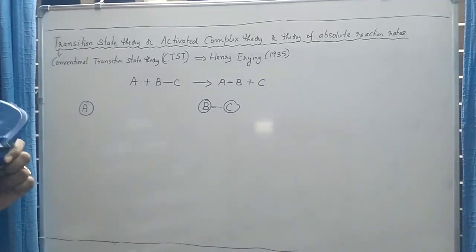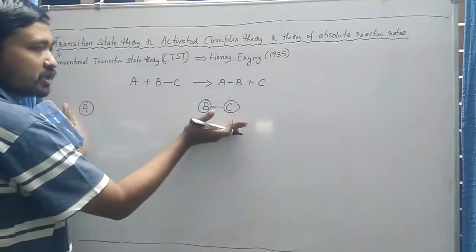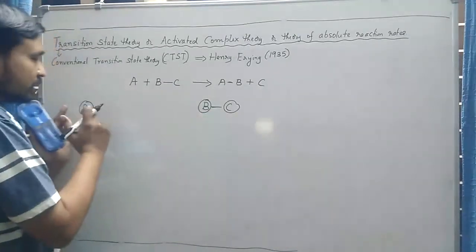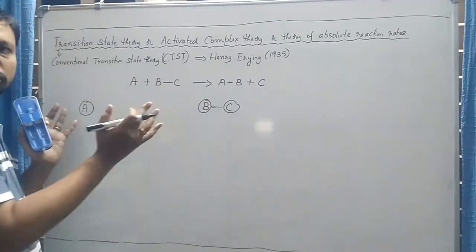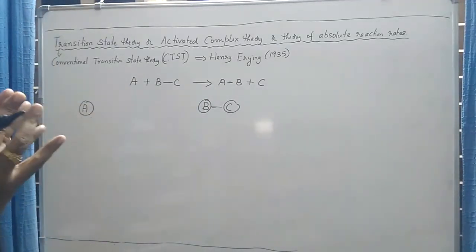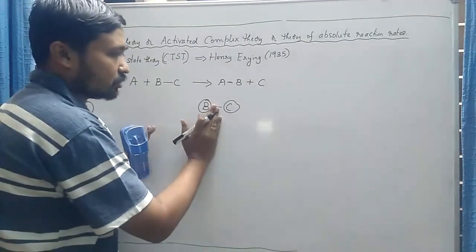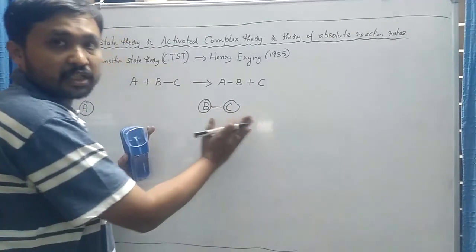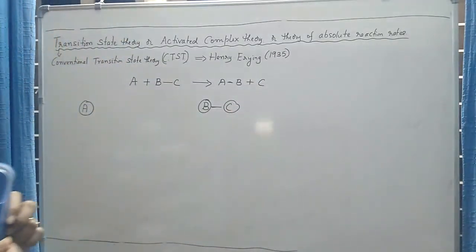It means it is getting weakened. So when these two species approach each other, the interaction between the electron clouds of A and B increases. So there is some sort of bond formation between A and B, and simultaneously these electron clouds will be pushed towards C. So the bond length BC starts getting elongated, or in other words the bond BC gets weakened.